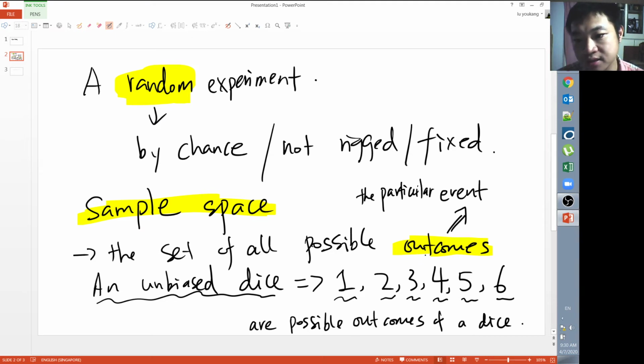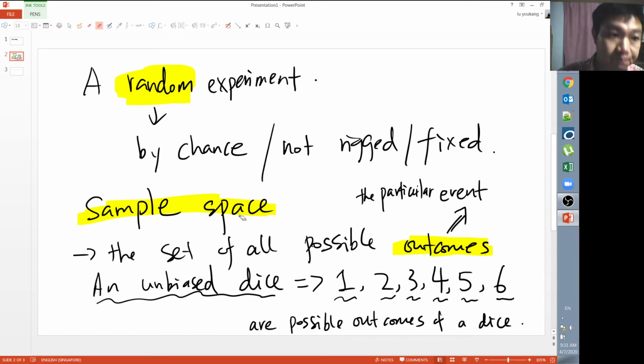In this case, for an unbiased dice, that particular event like getting a 1, that is an outcome, right? Or that particular event 6 is also an outcome, and all these possible outcomes will give you your sample space. All right, so pretty easy.